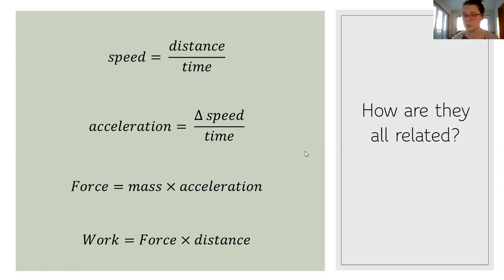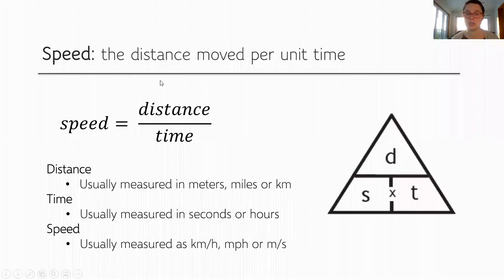And we're not going to use all of them today. In this lesson, we're going to look just at the equation for speed. So what is speed? Speed is the distance moved per unit time. You will find that sometimes instead of using the word speed, we use the word velocity. Velocity and speed are very similar. In physics, they have slightly different definitions.